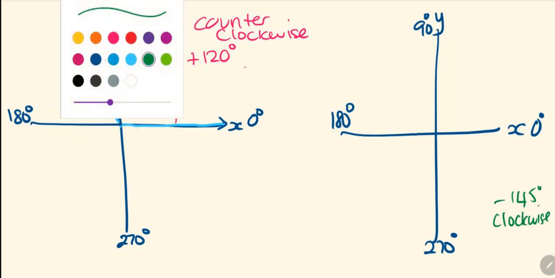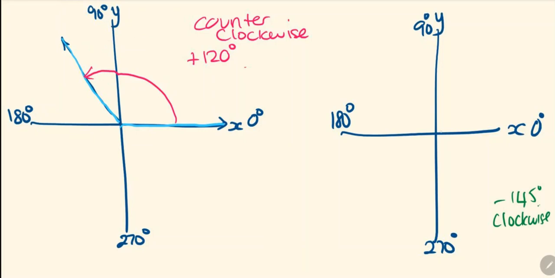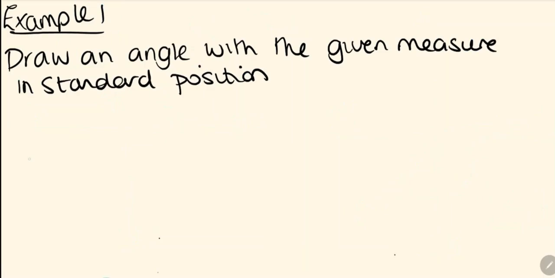This angle would come from the initial side, and then it is going to come around 90 and then roughly 55 more, so roughly here. So this angle here would be minus 145. So these are the angle measures, the key concepts.